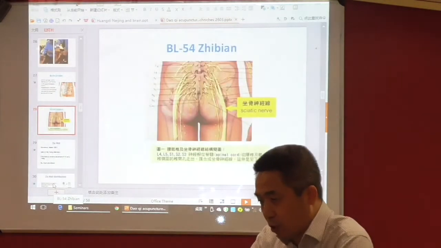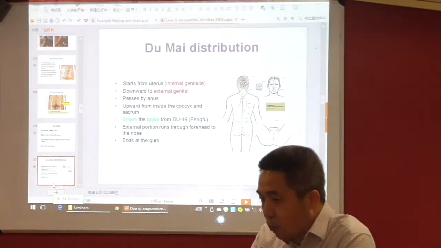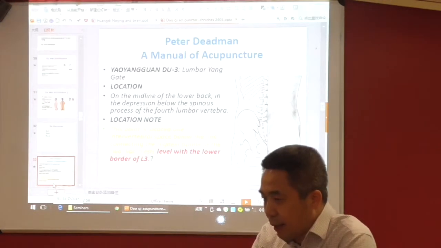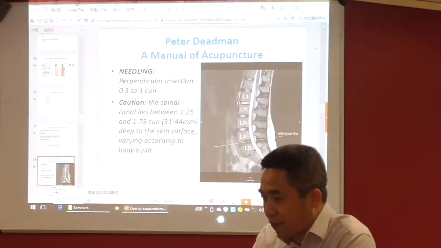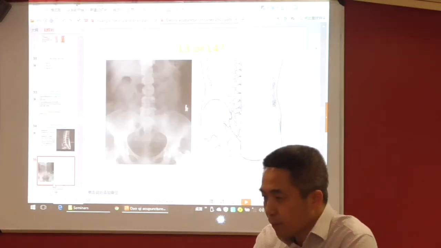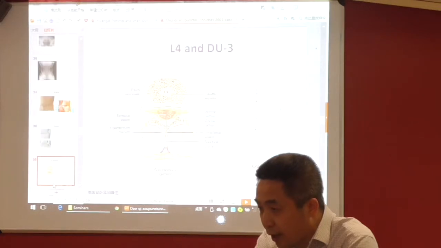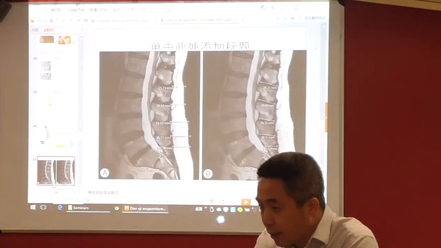In this workshop, I will give detail about the anatomy structure, as you mentioned. And Dumai, as I mentioned, Dumai, and I also got some questions regarding the CT scan pictures. I'll show you the last one, on GB16.